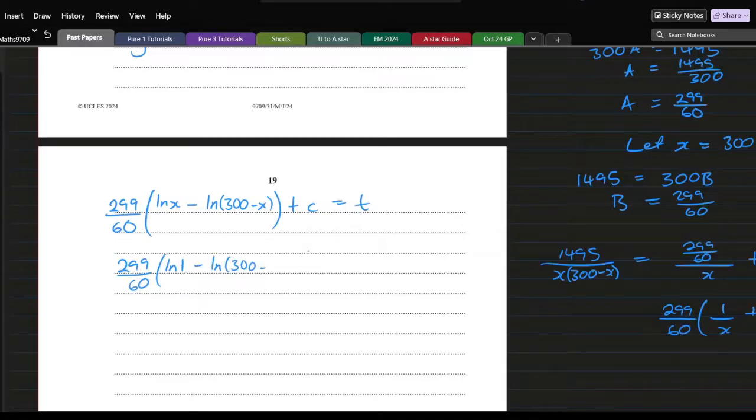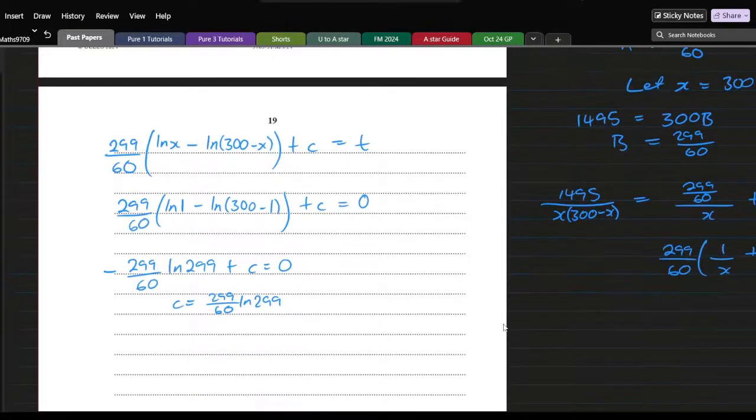Alright, so x is 1 when t is 0, which gives us 299 over 60 times (ln 1 minus ln (300 minus 1)) plus C is equal to 0. Okay, so ln 1 is 0, so that's minus 299 over 60 ln 299 plus C is equal to 0. So C is 299 over 60 ln 299.